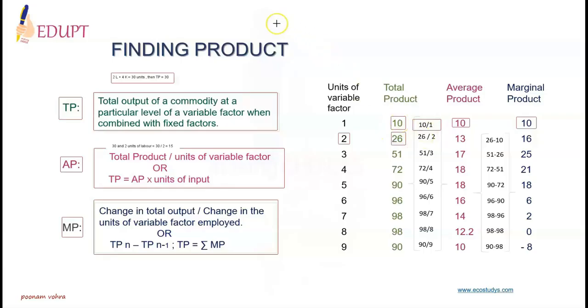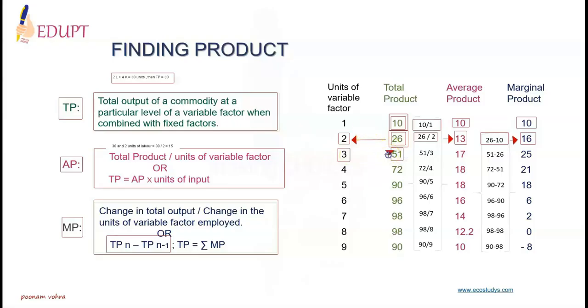So average product would be 26 divided by 2, that is 13. And marginal product is total product of n units minus total product of n minus 1 unit. That is 26 minus 10, which is 16. Similarly, when third unit of variable factor is employed, total product increases to 51.